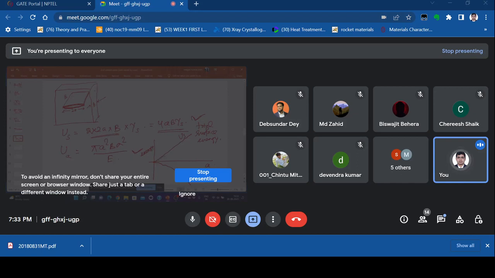So the resultant will be something like this. So this is our critical crack length. Okay, so this is our total energy. So when this crack length is reached, there will be catastrophic failure.